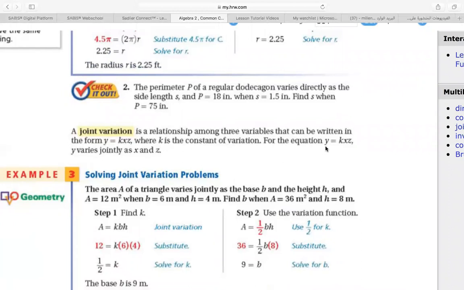For the equation y equals kxz, y varies jointly as x and z.